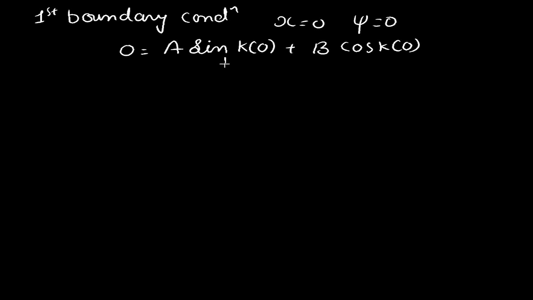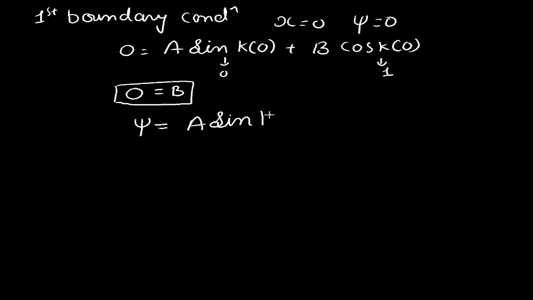Sine of 0 we know is 0, and cos of 0 is 1. So we will have 0 is equal to b. So the value of b is 0, and hence the cos term will disappear from the expression, and we will only have the wave function psi is equal to a sin kx.